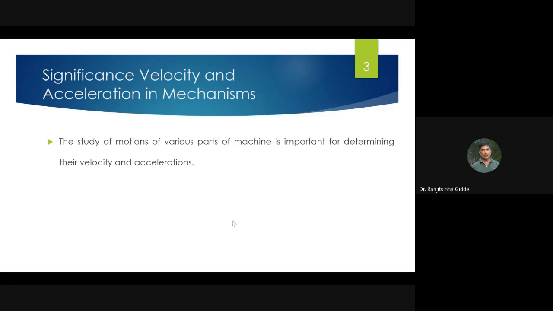And the study of motion of various parts of machine, whatever displayed on the screen, is important for determining their velocity and the acceleration.